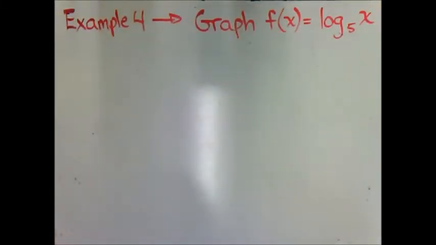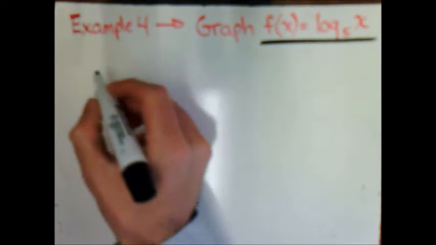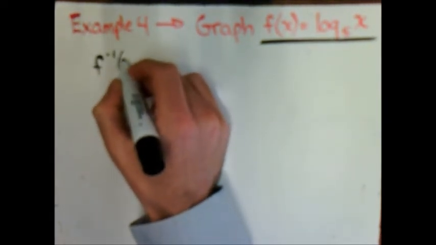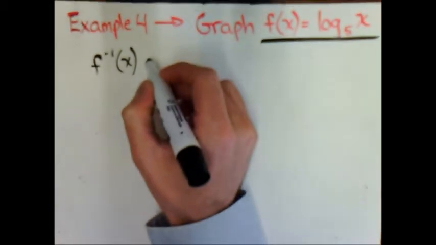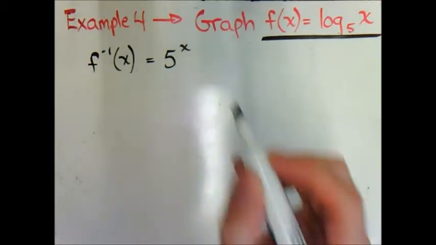Example 4 asks us to graph the function log of x to the base 5. There are 2 methods for this one. Number 1 is to graph the inverse of this, which is an exponential function. The inverse function of f of x, we'll call f inverse of x, is 5 to the power of x.